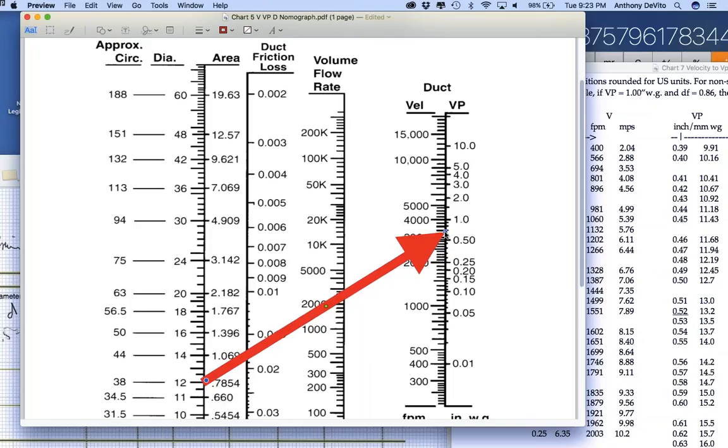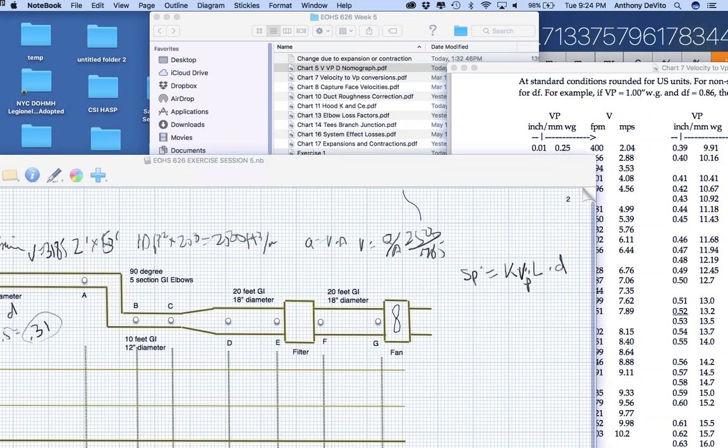And it was 0.63, so this looks about right. The velocity pressure was about 0.63. So what's the loss per foot of ductwork? It looks like 0.016.